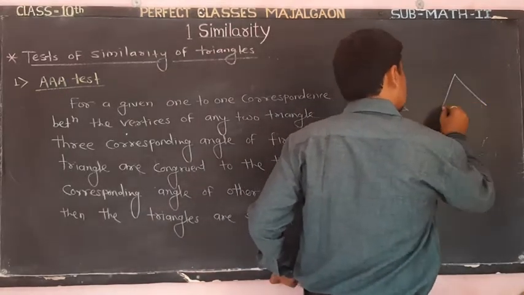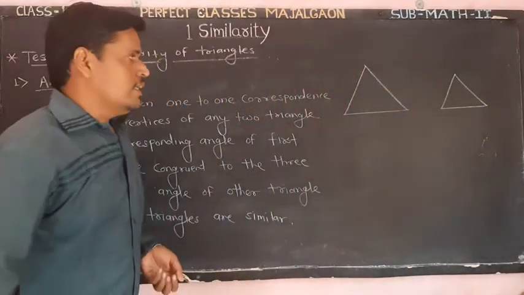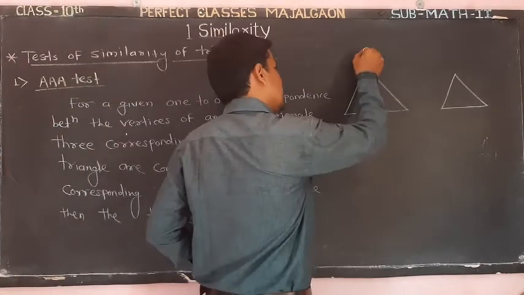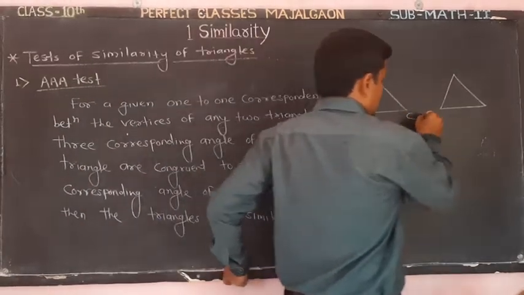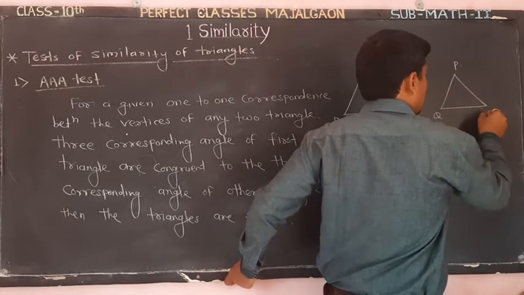Here we construct two triangles. Name these two triangles ABC, PQR. These are the two triangles.